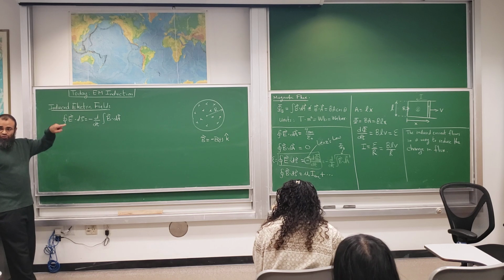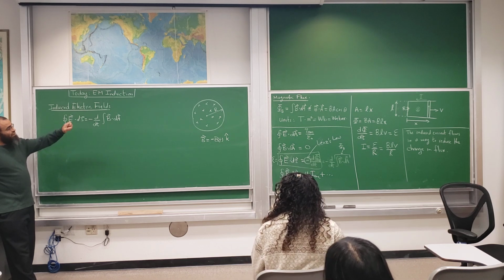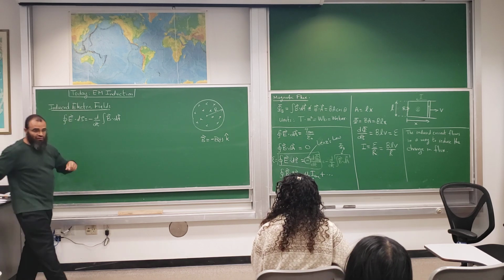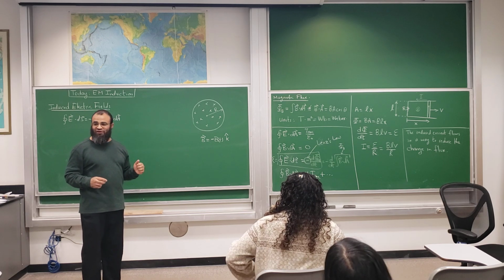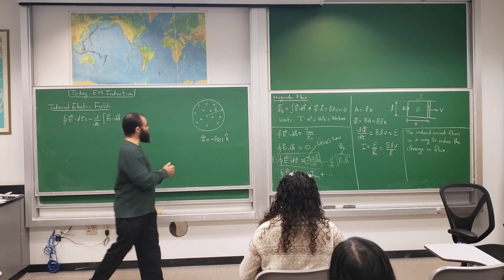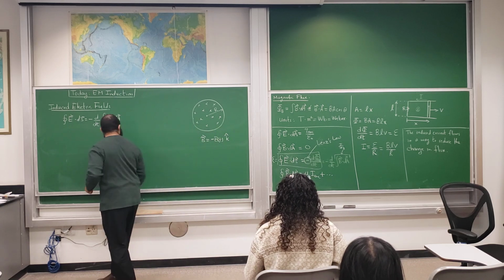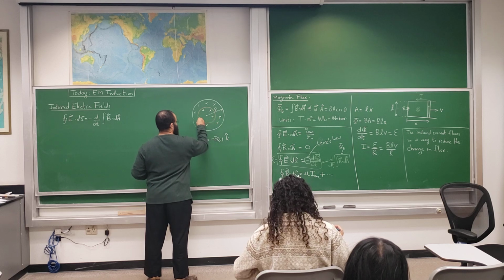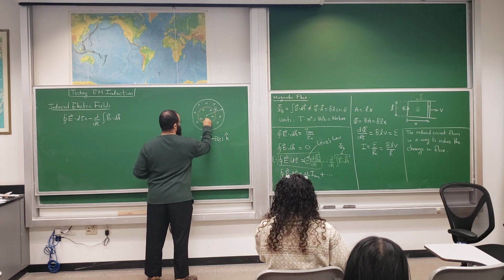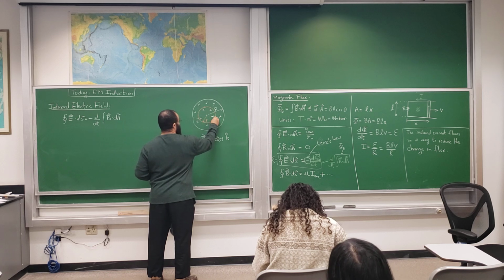Now, if we choose our loop to be counterclockwise for the sake of integration, then that choice tells you the direction of the area. So the convention is this. Here's my loop. I'm going to choose a loop inside here, of radius r, and go around it counterclockwise.